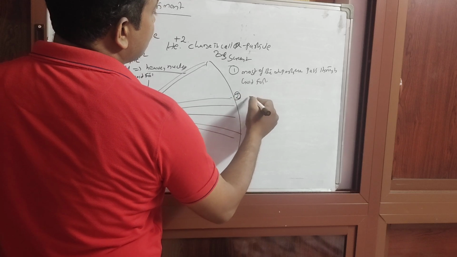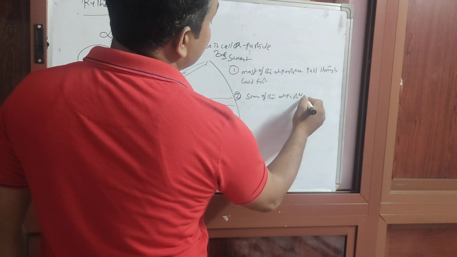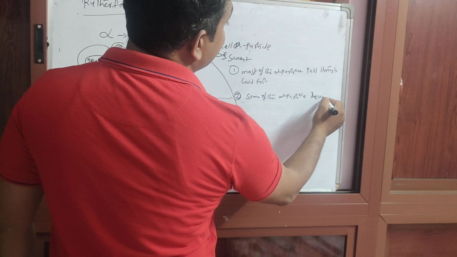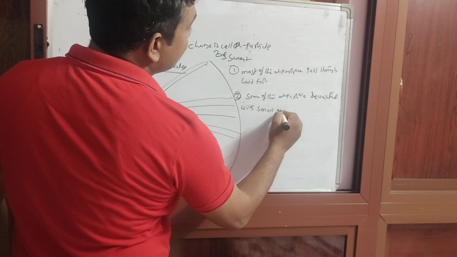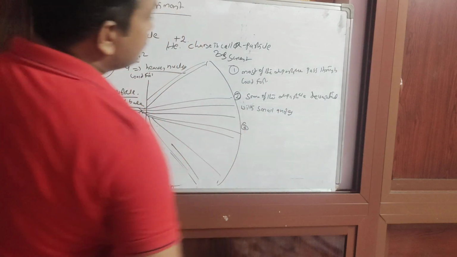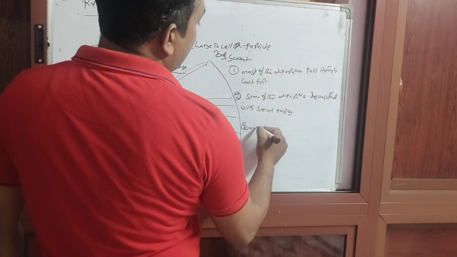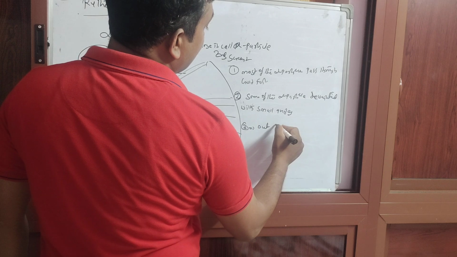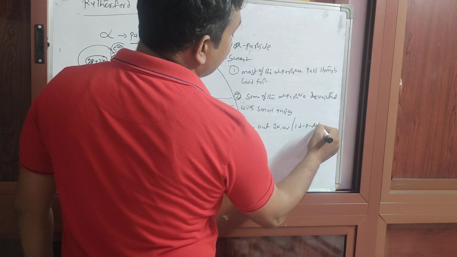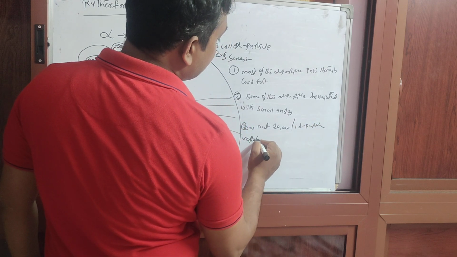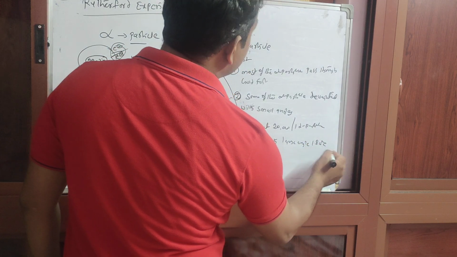Second, some of the alpha particles are deviated with small angles. Third, out of 20,000, one alpha particle is reflected back with a large angle, like 180 degrees.